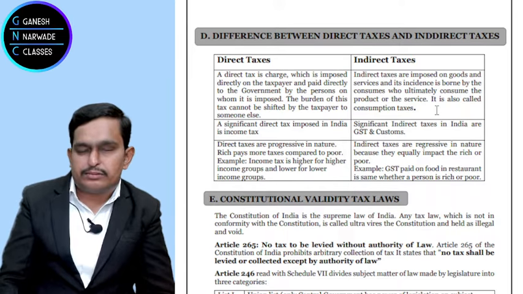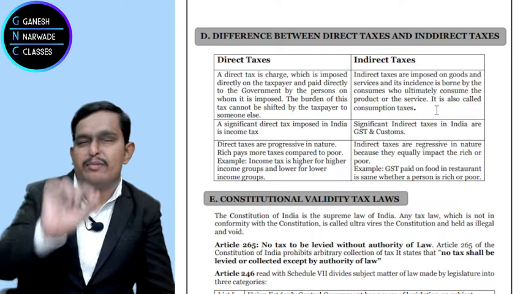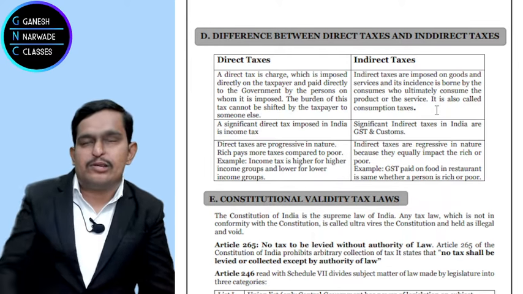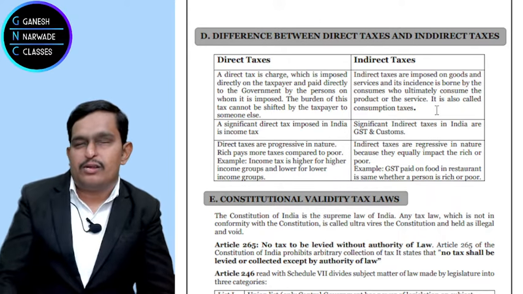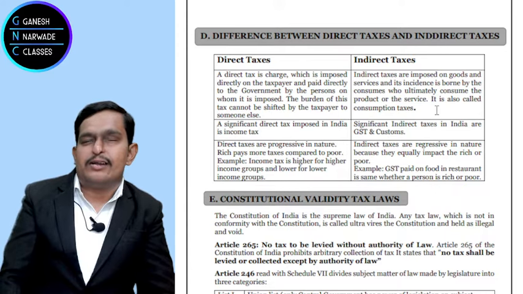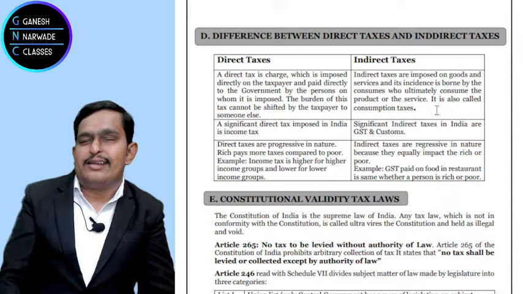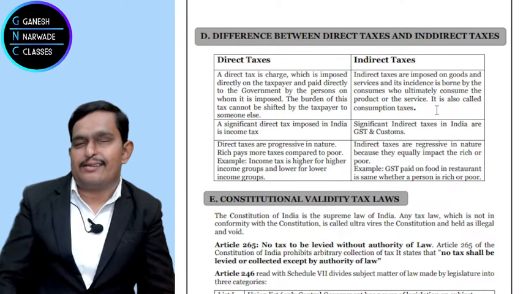Trader includes wholesaler, retailer, manufacturer, everybody. These people pay tax to the government, but the burden is shifted to the consumer. So payment is done by one and burden shifted to another. And one more thing, incidence is on the businessman, impact is on the customer. This is what we talk about indirect tax.